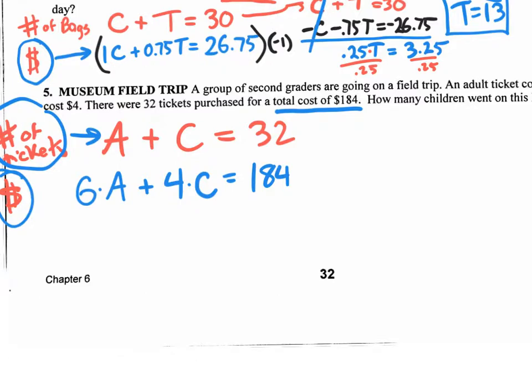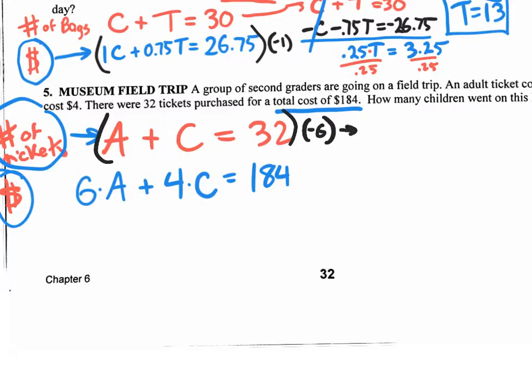What would you like to do? Cancel out A's or C's? Cancel out A's? Especially because they're asking for how many children went, right? So let's cancel out A's by multiplying that top equation by -6.